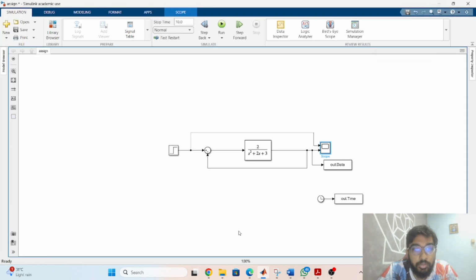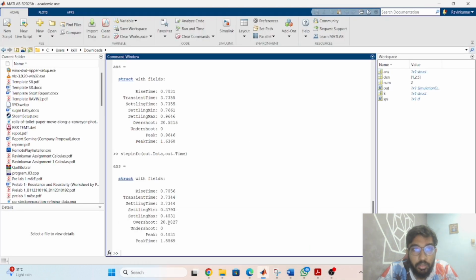And one more thing I want to show you, this thing is the struct. So we're gonna write step info, out data, out time.